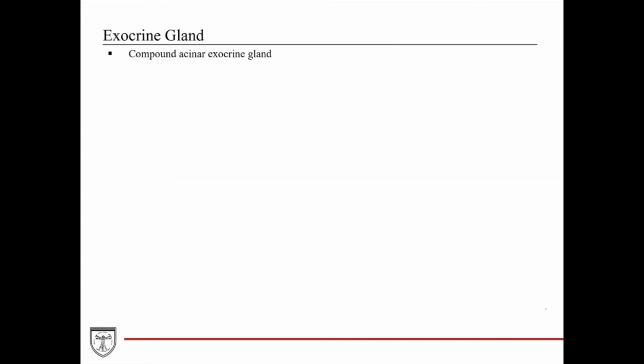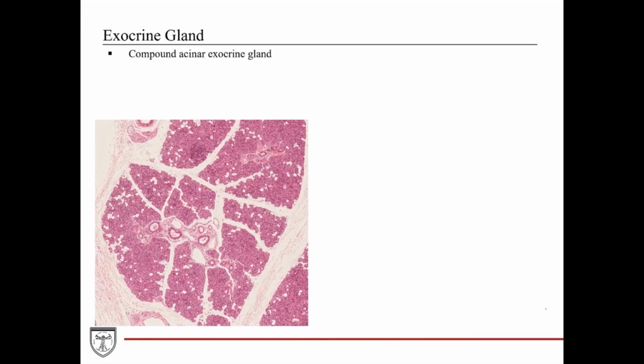Compound acinar exocrine gland is another type of large exocrine gland with impressively complex ductal systems and lobules and lobes and the acini that comprise the secretory units. So in this low magnification image, we're seeing a lot of the field. What we see are these lobular organizations of the secretory units.